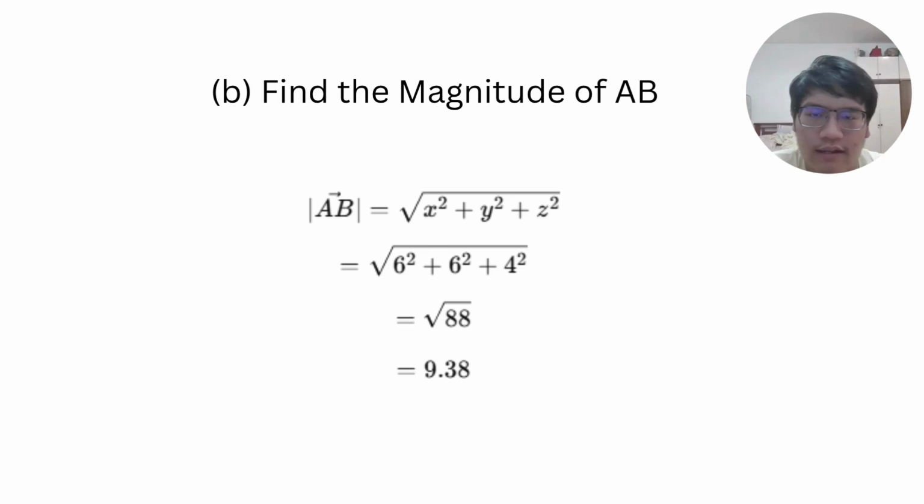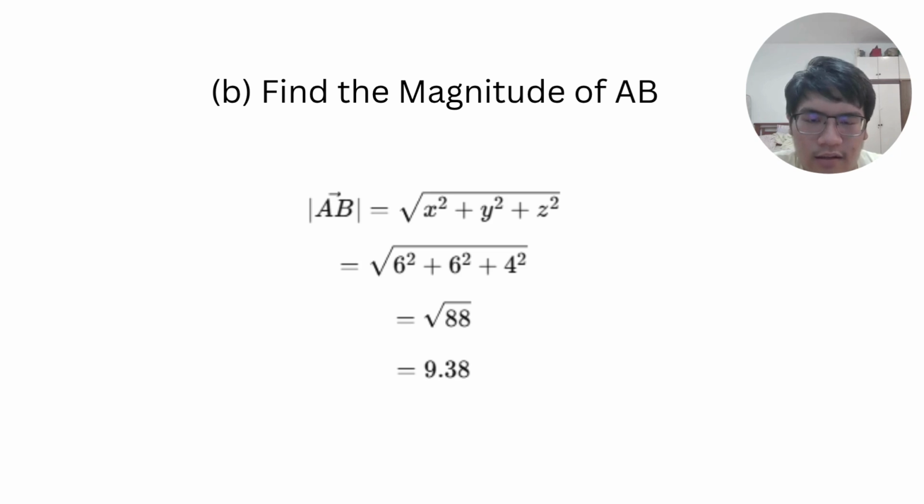The next question is to find the magnitude of AB. First, we need to use the equation to find the magnitude. It is the magnitude of AB equals the square root of x squared plus y squared plus z squared. This is the formula that can help us to find the magnitude. So it equals the square root of 6 squared plus 6 squared plus 4 squared, equals the square root of 88.